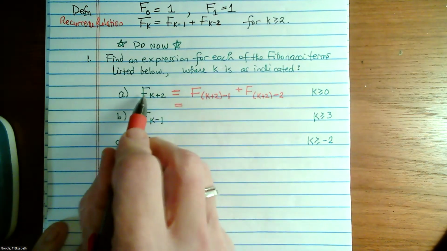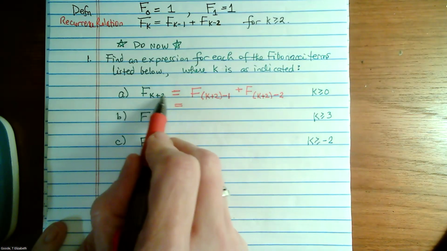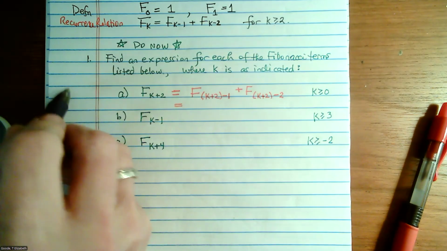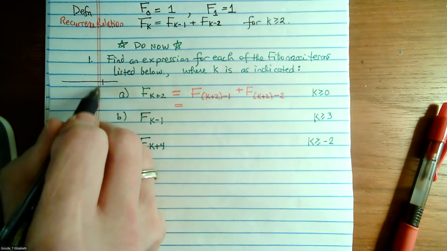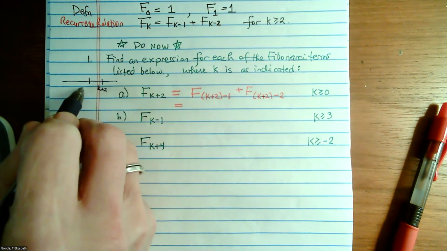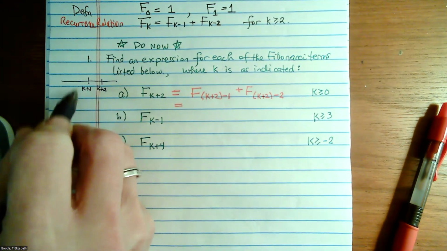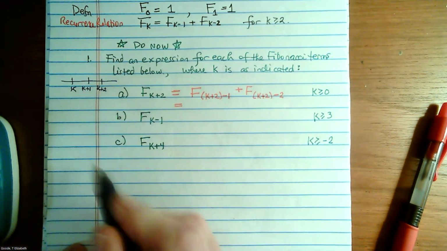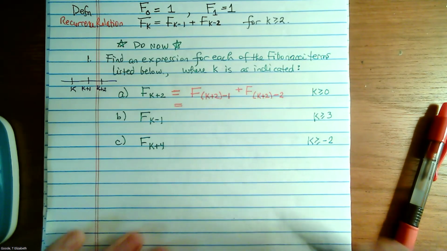And doesn't it make sense if we look at the number line, right? The two integers that are before K plus 2, like if we drew a number line. If this is K plus 2, then the integer before that would be 1 less than that, which is K plus 1. And the integer before that would be 1 less than that, and that would be K. So you can always draw a number line.